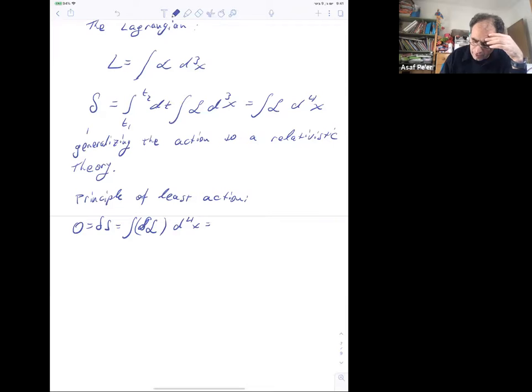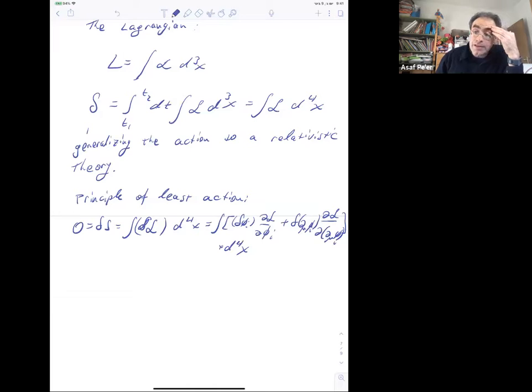So it's just the integral of delta phi_i, dL over d phi_i, plus delta d_mu phi_i, dL over d(d_mu phi_i), d^4x.